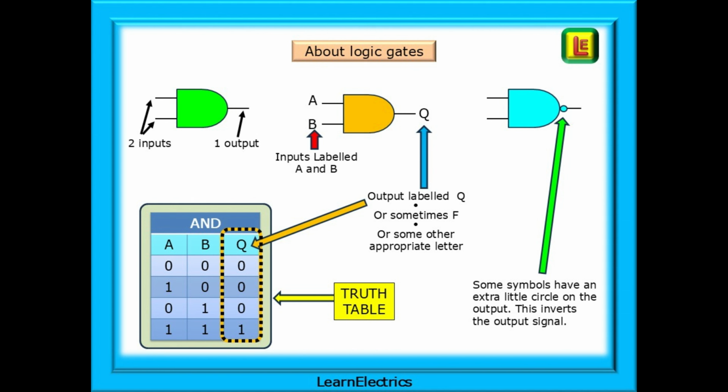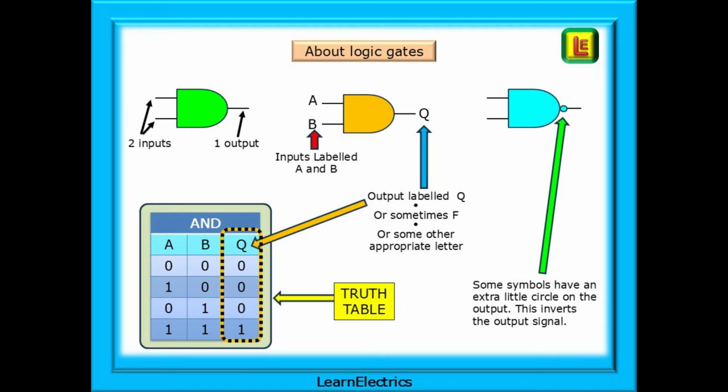The orange coloured gate shows the inputs and outputs in a common form of labelling. In this case, the inputs are labelled A and B, and the single output is labelled Q, although some favour the letter F for function, or some other appropriate lettering pattern will be followed, as long as it is understandable and makes sense.